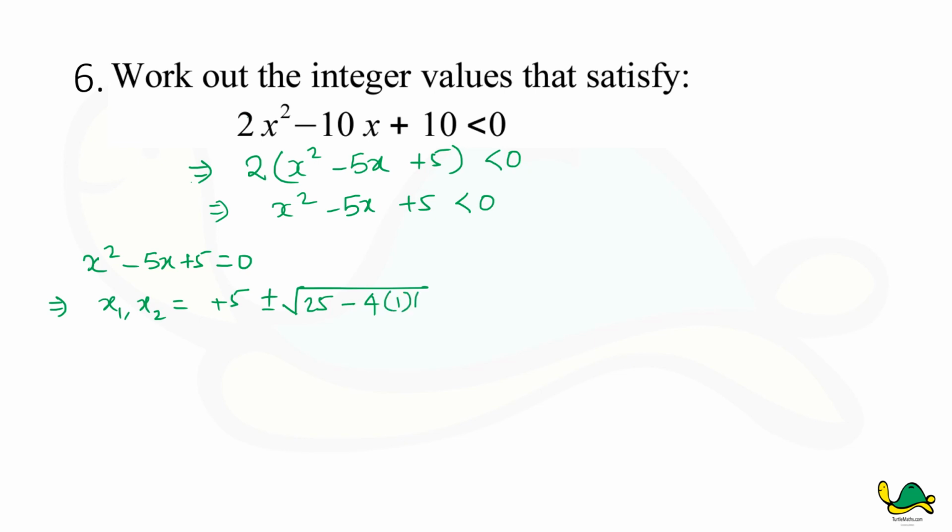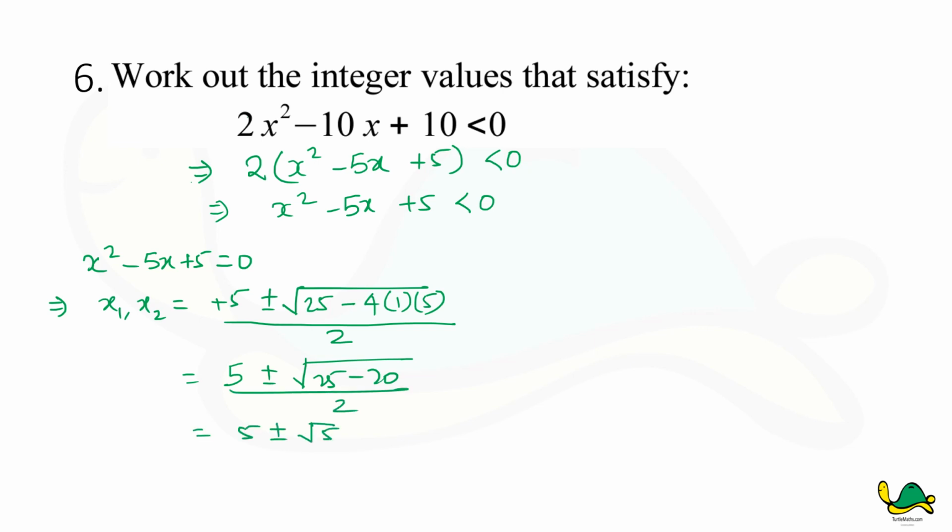So a is 1 and c is 5 over twice of a, so 2. I will have 5 plus minus root under 25 minus 20 over 2, which will give me 5 plus minus root under 5 over 2.